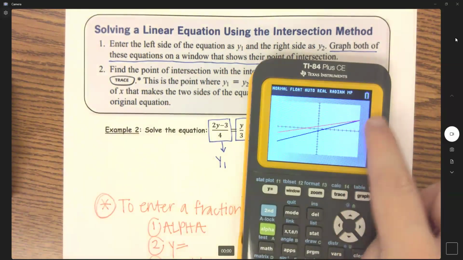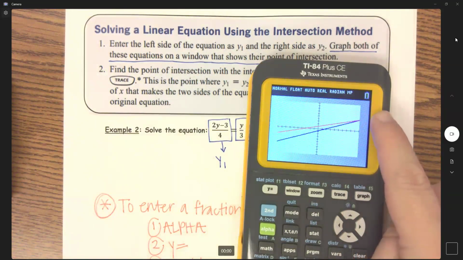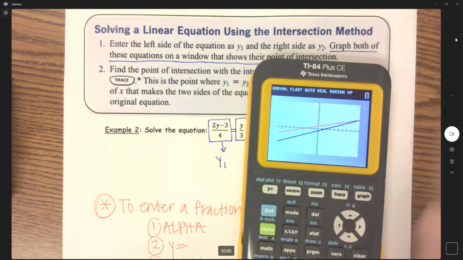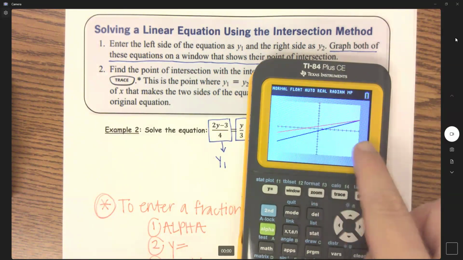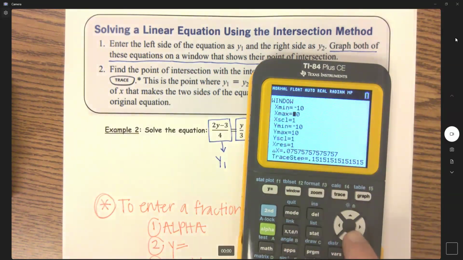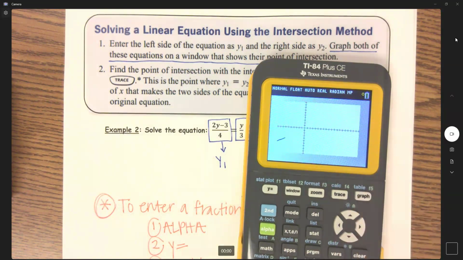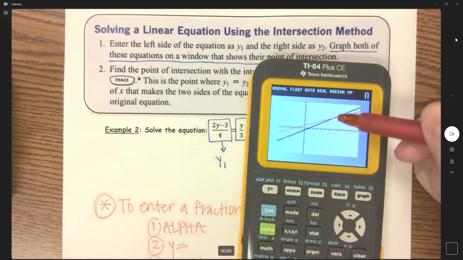So if they might be a little bit more over here, what would I need to expand? I need to go further this way. I need to expand my X max. So let's go over here to window. And instead of 10, we could do 15. I'm just going to do 20 just to be safe, but 15 would probably work. So I'm going to change that to 20 and now regraph it. And what I'm needing to see is my intersection. All right, so I can see that they are crossing right around here somewhere.